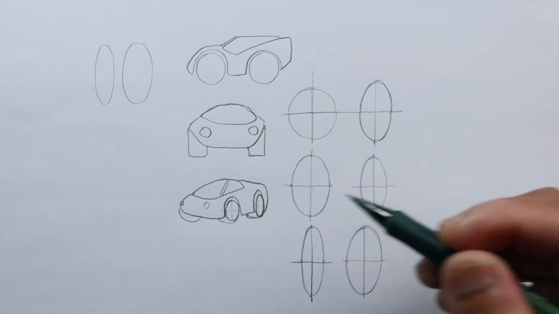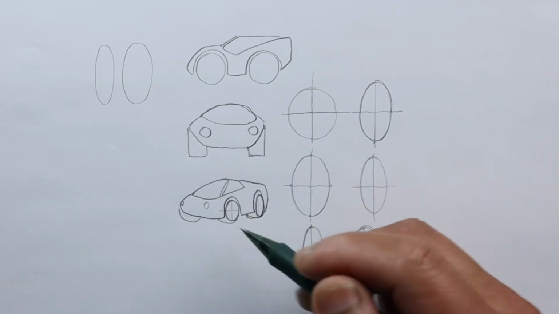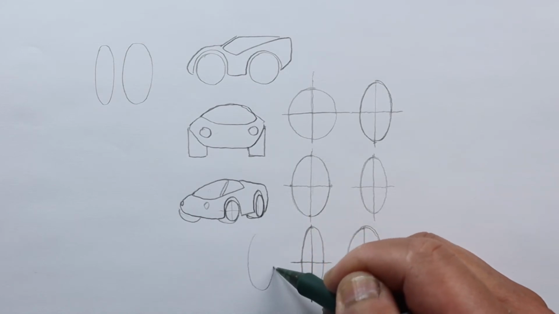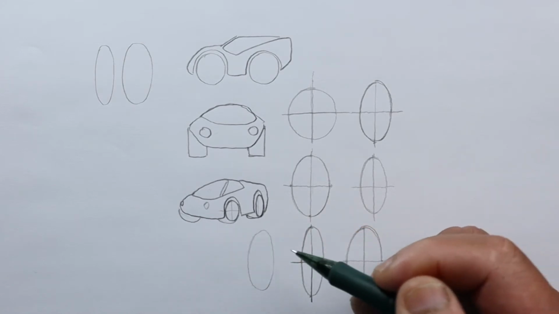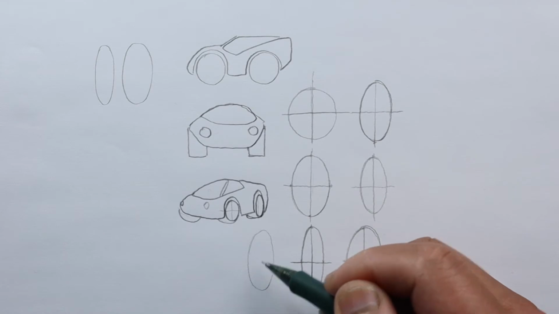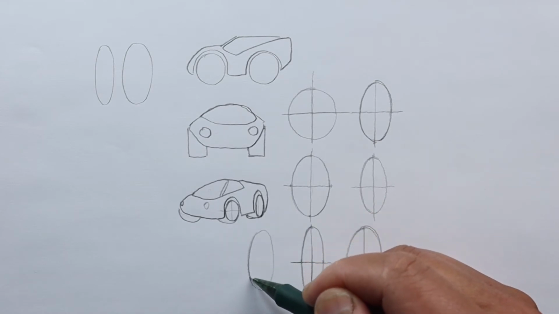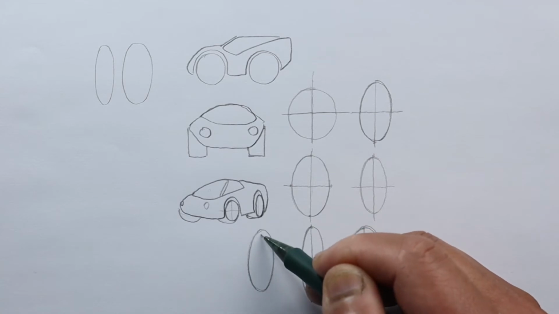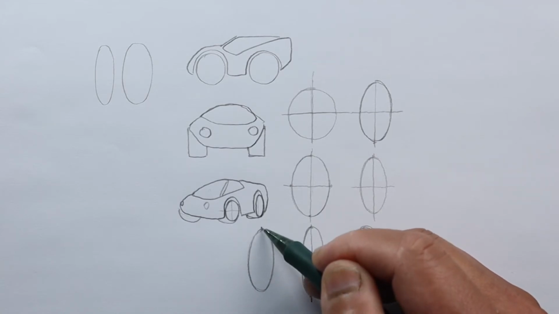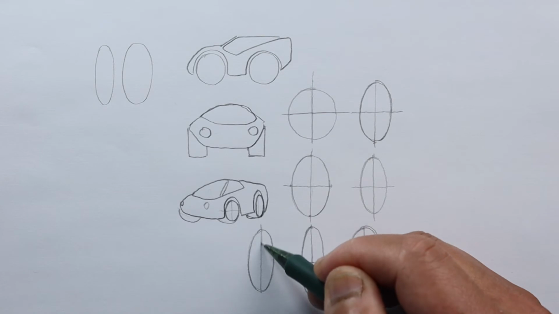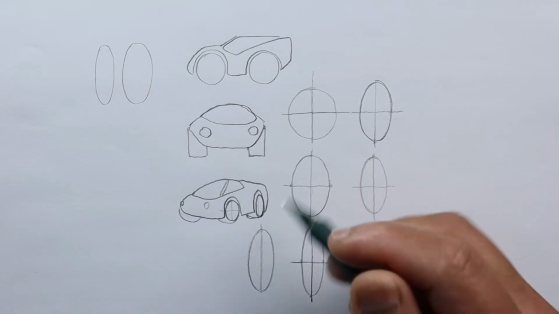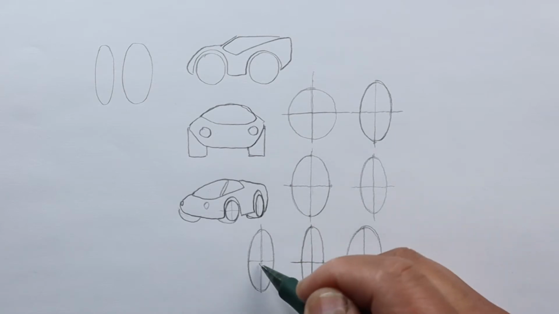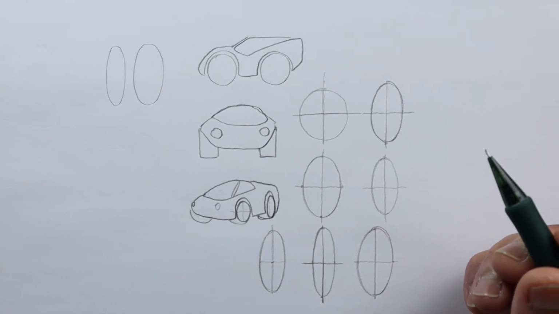Okay, now one thing you can also practice is to draw the oval first, like this, and then draw in the axes. So here's our oval that I just drew, and then go and draw the long axis here, cutting it in half, and then draw the short axis, and that'll give you the center point of your oval.